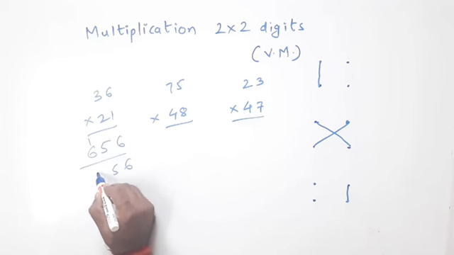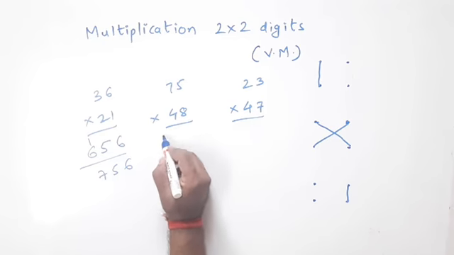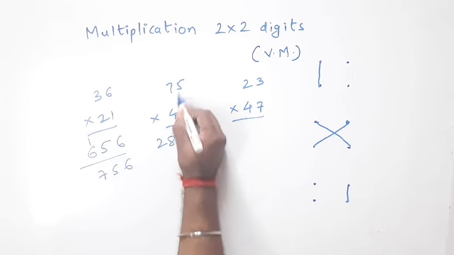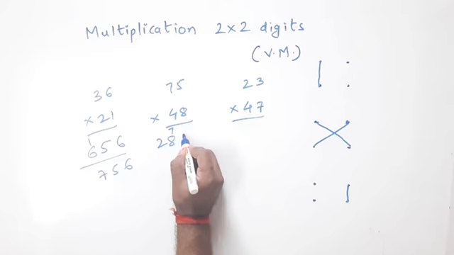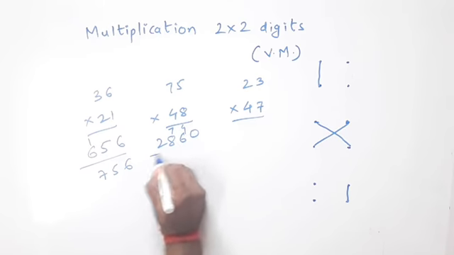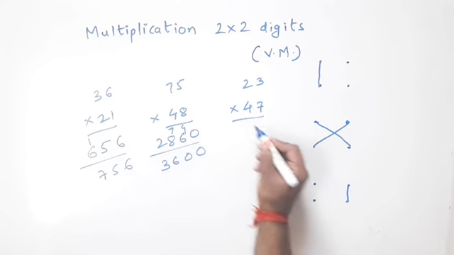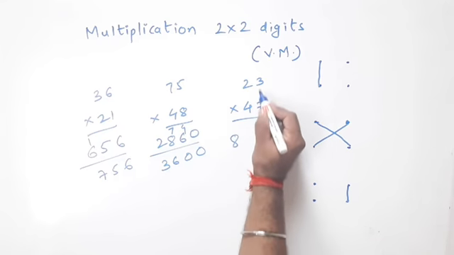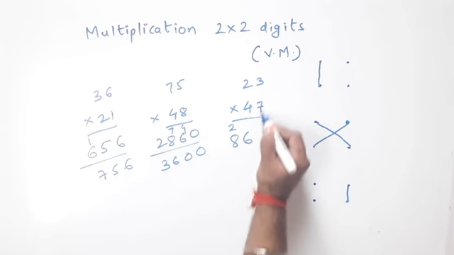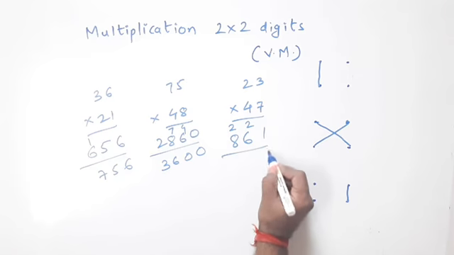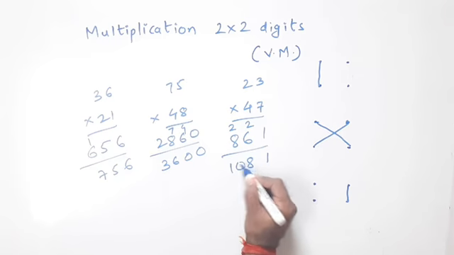So 6 5 7 4 28 56 plus 20 76. This is 40 0 0 16 3600. 2 4s are 8. 14 plus 12 26 21. So your answer is 1810.